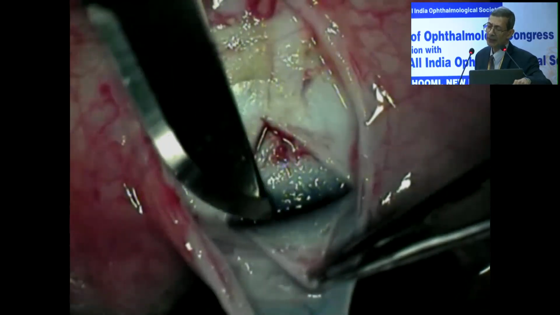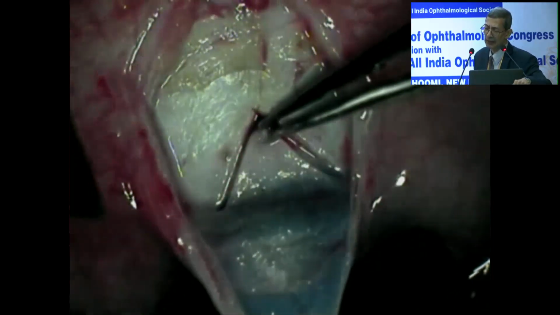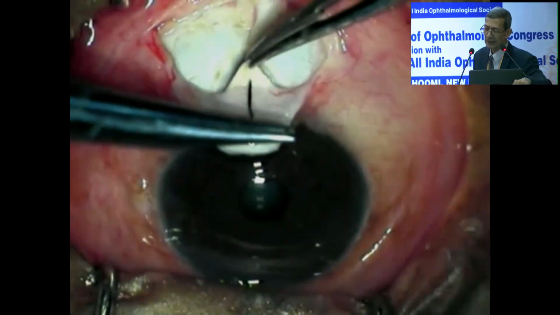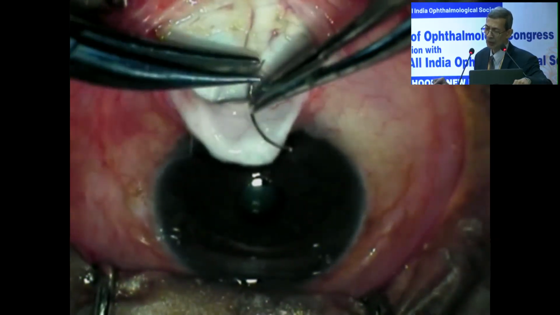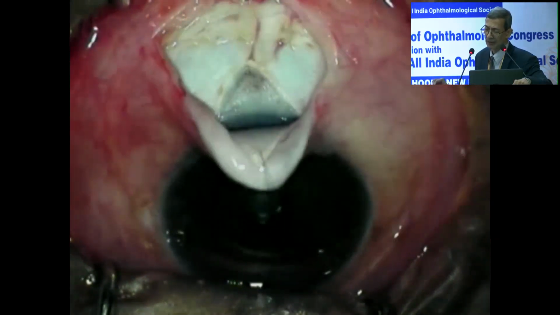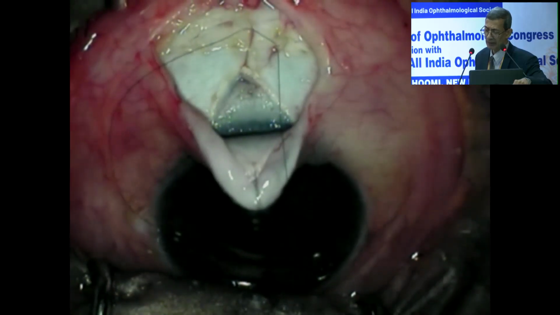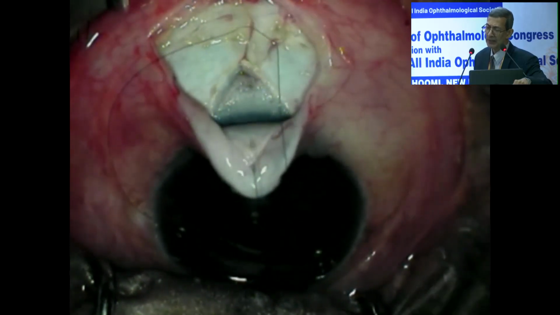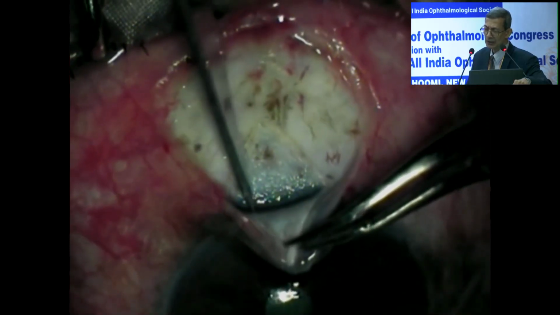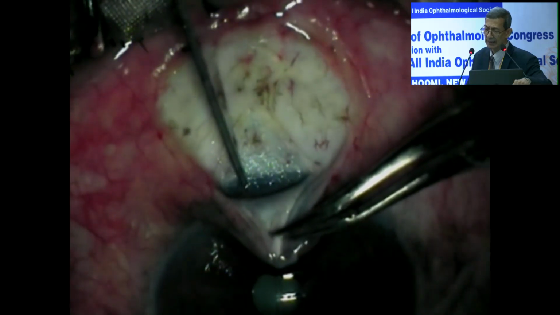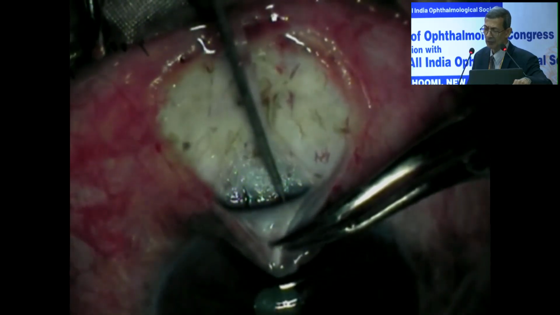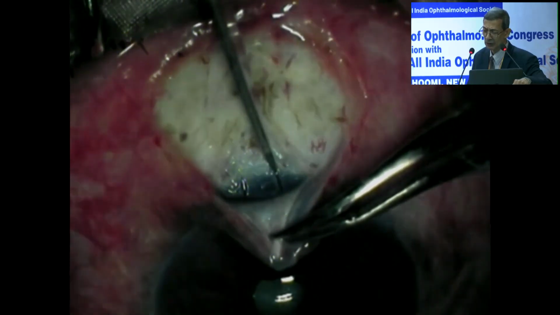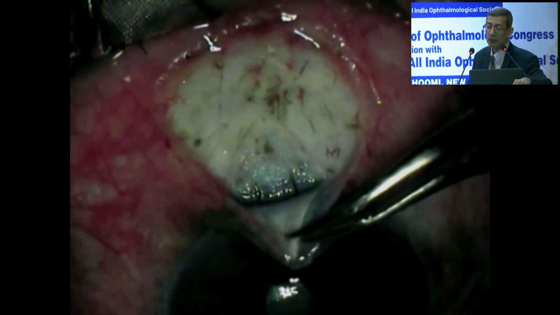With the help of a traction suture with Tenonylon, the assistant puts a finger over the retracted suture, and then two radial incisions are given just to delineate the area of trabecular meshwork or the subscleral tissue you want to remove, without entering the anterior chamber.